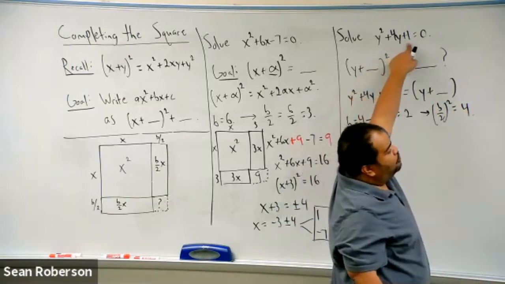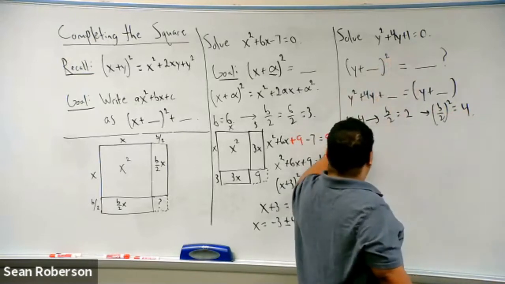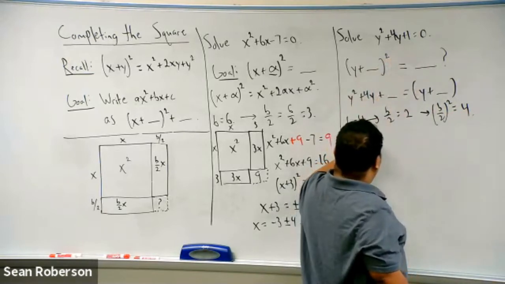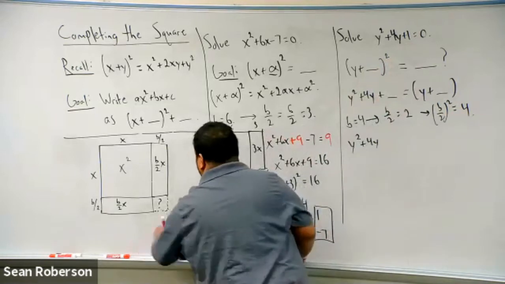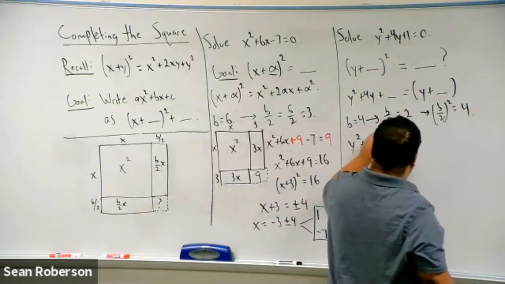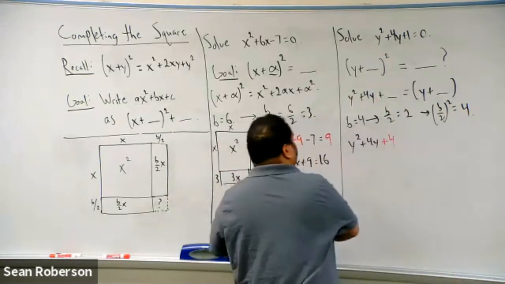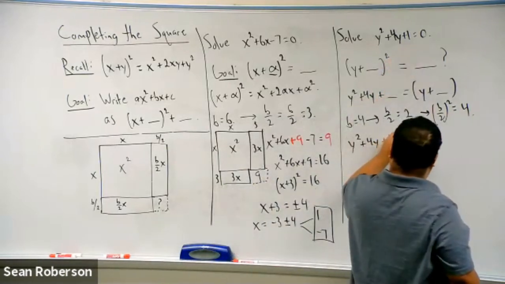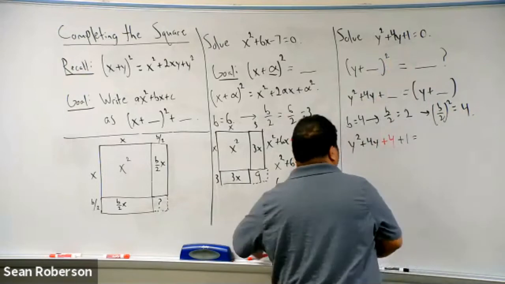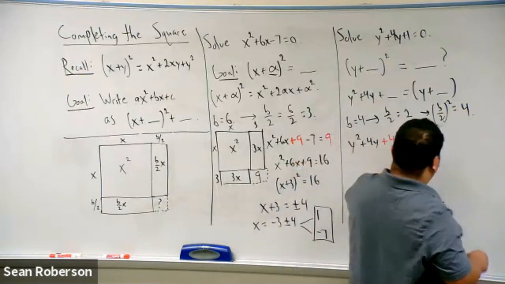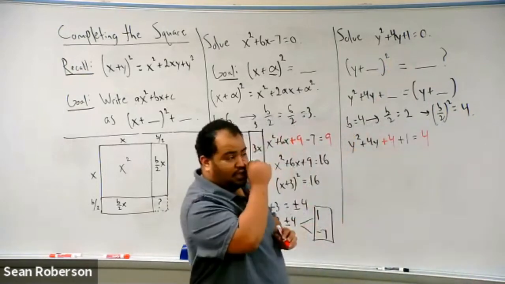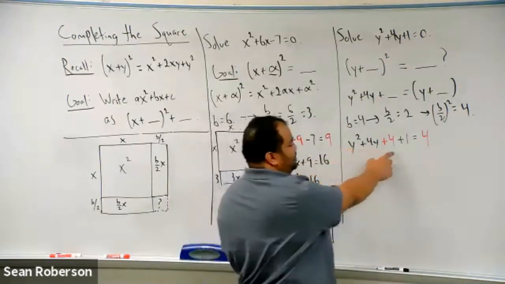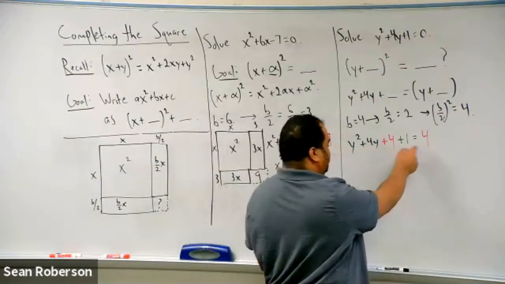So we'll add 4 to both sides of this equation here. y squared plus 4y, and again, in red, I'll mark it, plus 4. And then we have our extra plus 1 here. And we'll add 4 on this side as well. So now I have y squared plus 4y plus 4 plus 1 equals 4.